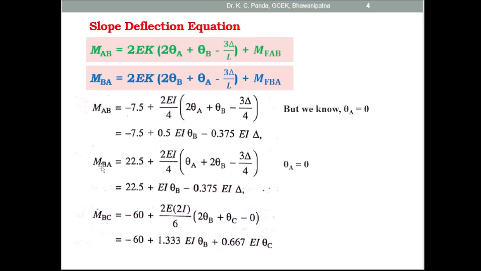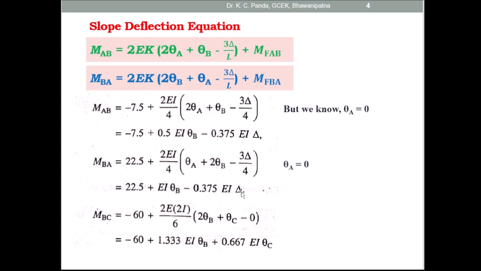So here you put MBA is equal to 22.5 plus 2EI by 4 into theta A plus 2 theta B minus 3 delta by L. So L is equal to 4, and you know theta A is equal to 0. So here you put theta A is equal to 0. Then after simplification, MBA is equal to 22.5 plus EI theta B minus 0.375 EI delta.